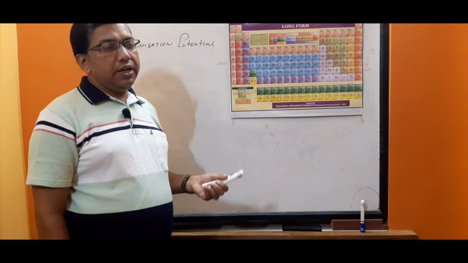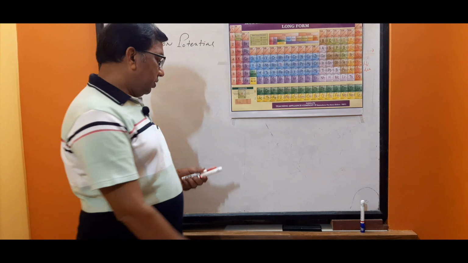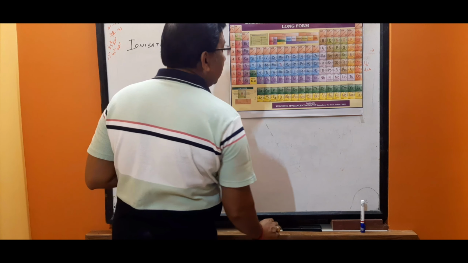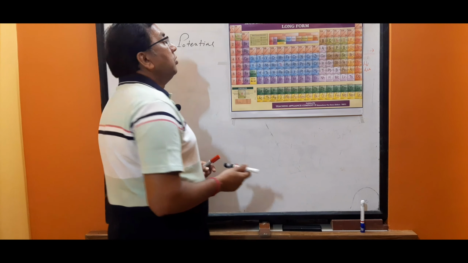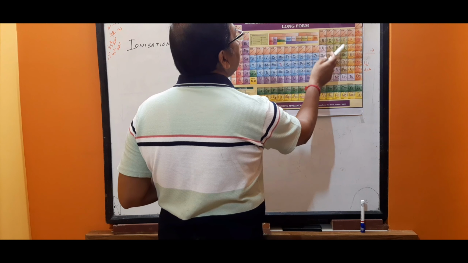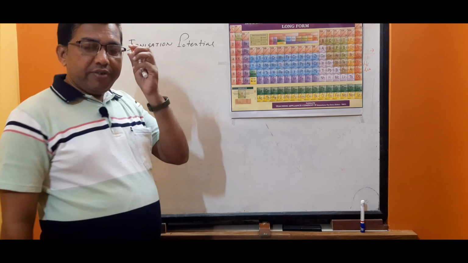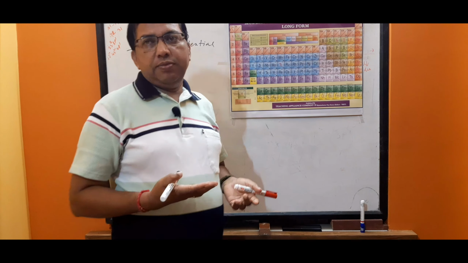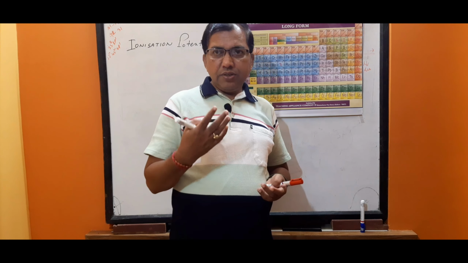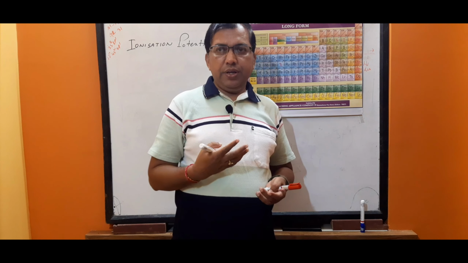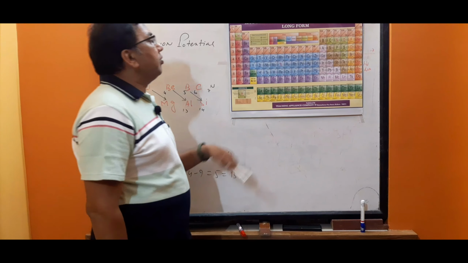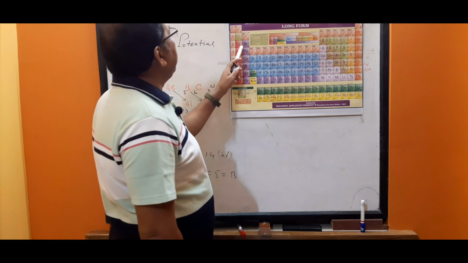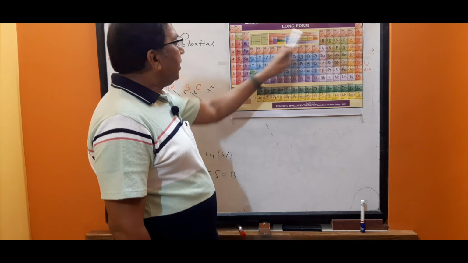So next, the anomalies of the period or groups, that is the diagonal relationship of the elements. It is very important. One question may come on diagonal relationship. After the other trends, this is the anomalous property. Diagonal relationship means such an anomalous property. Elements of the second period resemble the elements of the third period, diagonally.